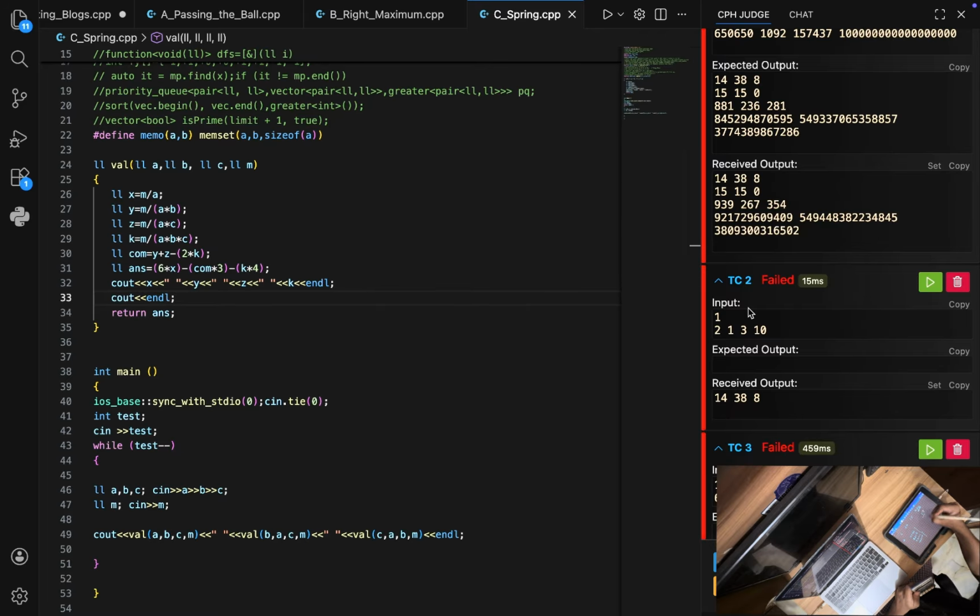Expected 58 by 4. Okay, it doesn't match. It's not matching.